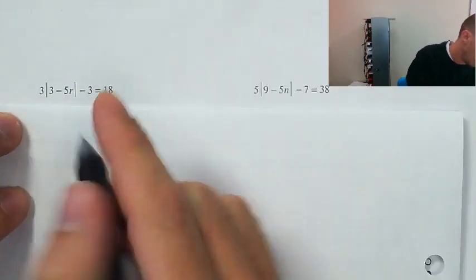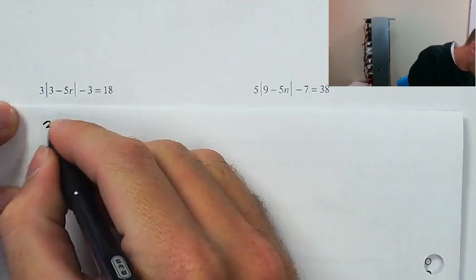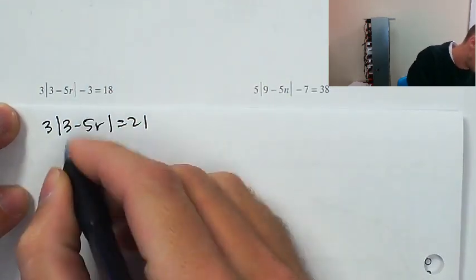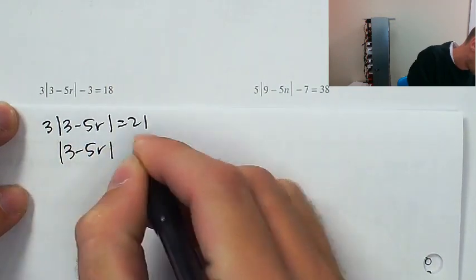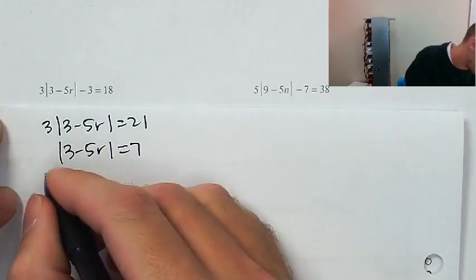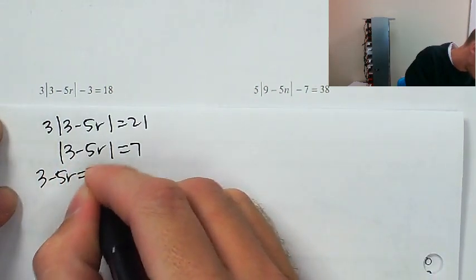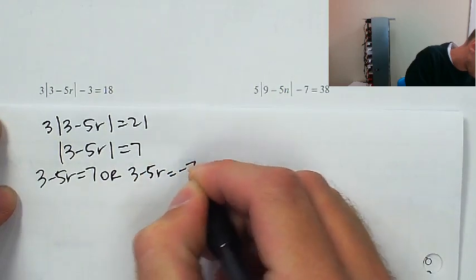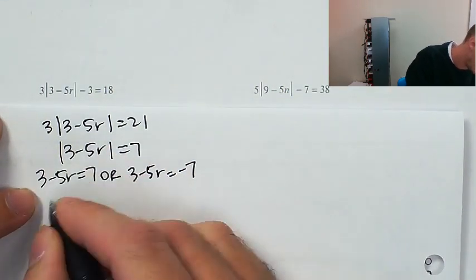All right, here I'm going to isolate the absolute value, add 3 to both sides, divide by 3. Okay, if the absolute value of a number is equal to 7, then that number is either 7 or it's negative 7. Okay, subtract 3.